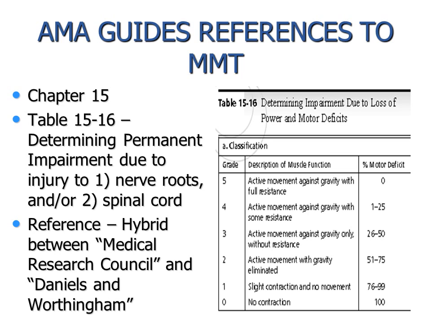A grade 3 muscle function is when we're able to produce an active movement of the limb or segment against gravity only, without added resistance by the doctor. Now, grade 3 is assigned a 26 to 50% motor deficit, and again, there's a large range.